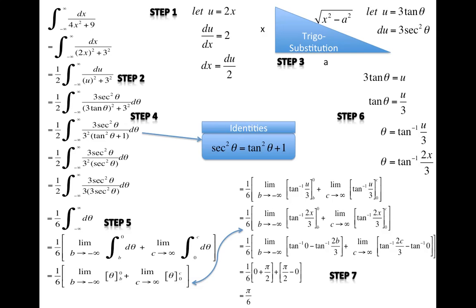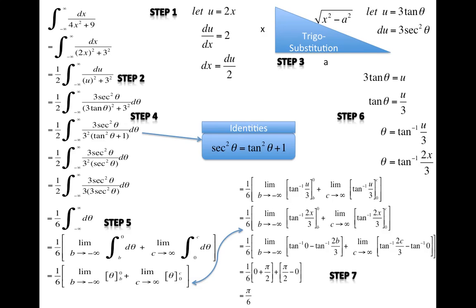As we recall from the previous graph, as b approaches negative infinity, arctangent 2b over 3 approaches negative pi over 2. And as c approaches infinity, the graph goes towards pi over 2. So when we substitute in the values, next to step 7 we can see 0 plus pi over 2, plus pi over 2 minus 0.